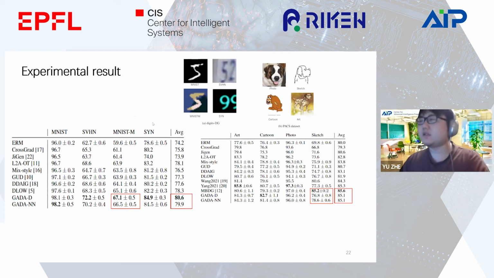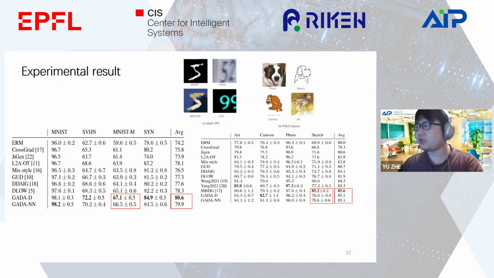The first experiment is to test our proposals on 3 common benchmarks. On this page, I first show the results on 2 common benchmarks. One is called Digits-DG. This benchmark has 4 different digits datasets. And the second is the PACS dataset.